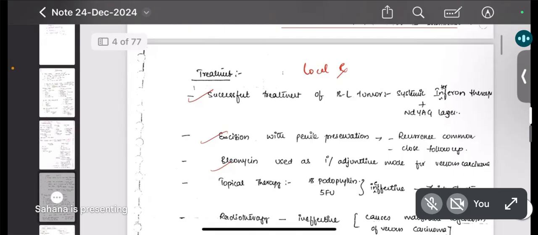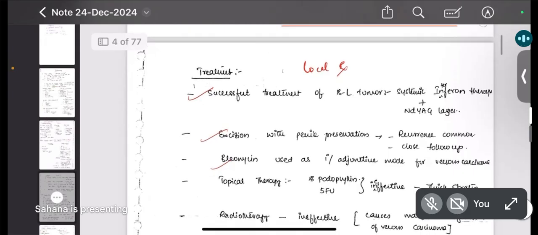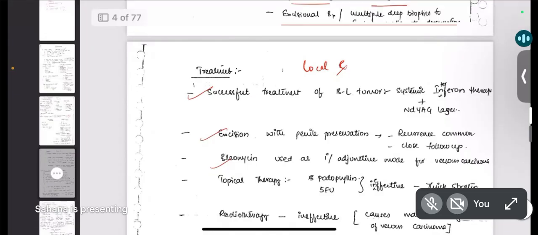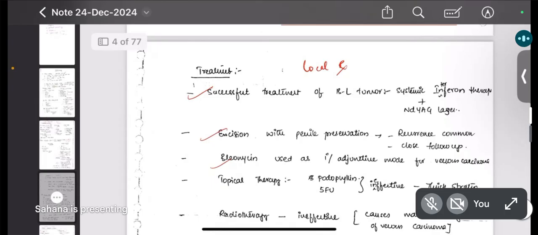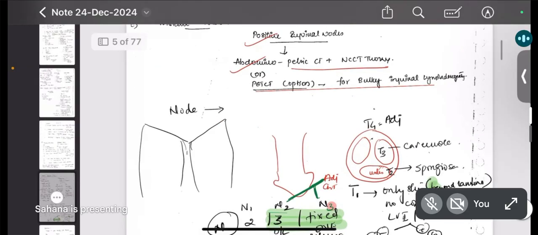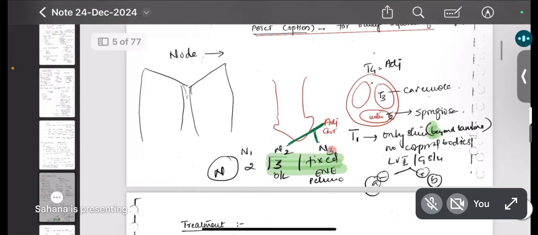Then your treatment mainly depends on the depth of invasion and whether it is associated with LVI. So there are multiple options, not multimodal, multiple options if it is very superficial, that is T1a. For that, let us know the staging. T is divided into T1, T2, T3, T4.